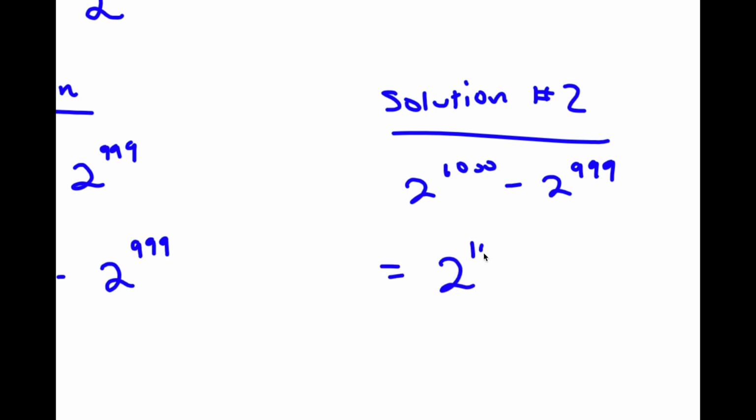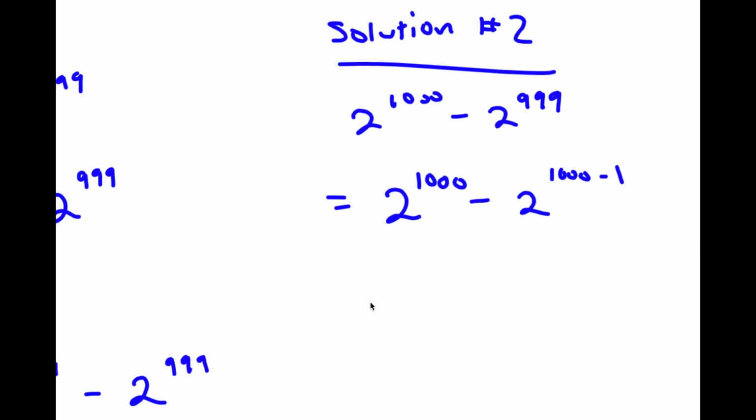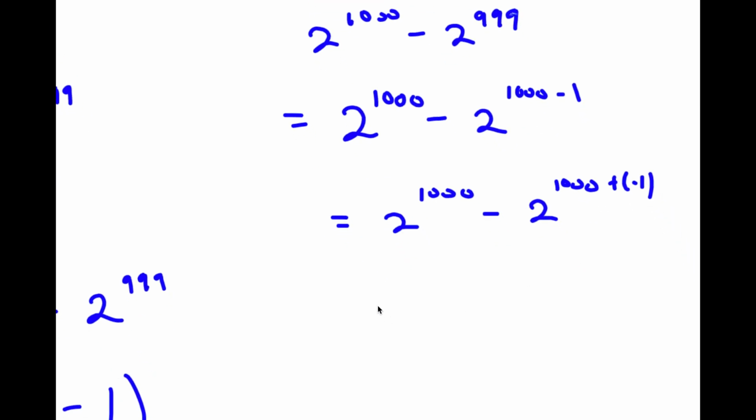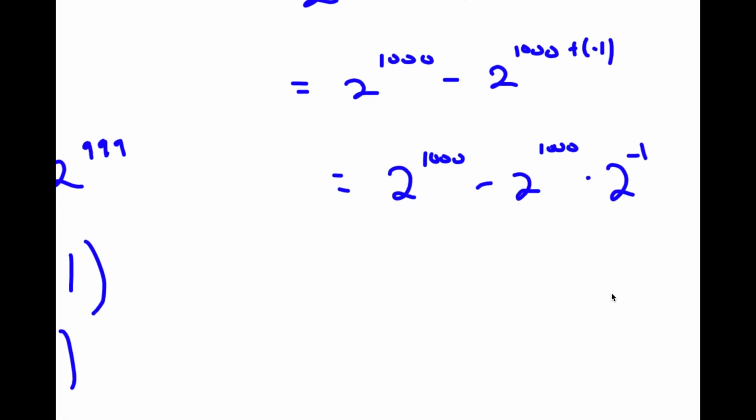So now I have 2 to the power of 1,000 minus 2 to the power of 1,000 minus 1. And now that's the same thing as 2 to the power of 1,000 minus 2 to the power of 1,000 plus negative 1, which is equal to 2 to the power of 1,000 minus 2 to the power of 1,000 times 2 to the power of negative 1.